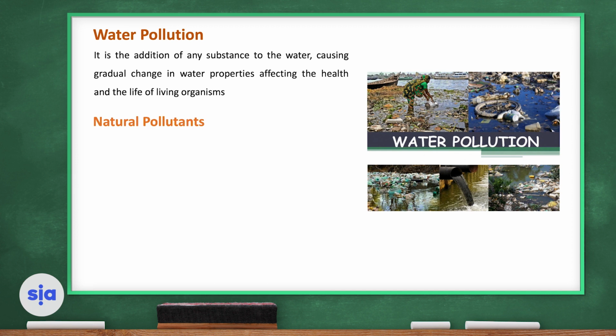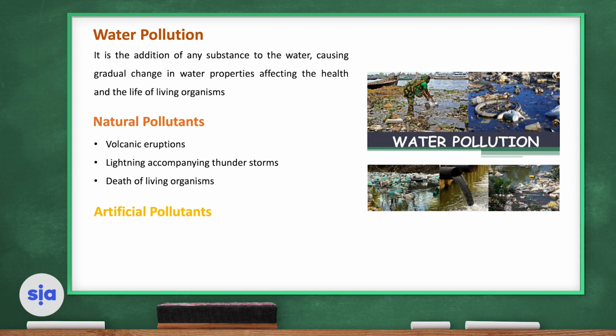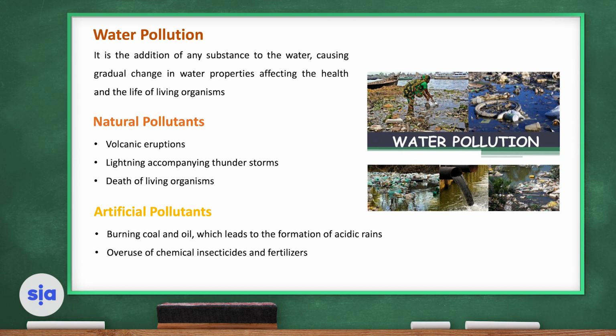We have natural pollutants like volcanic eruptions, lightning accompanying thunderstorms, and death of living organisms. While there are artificial pollutants like burning coal and oil, which leads to the formation of acidic rains, overuse of chemical insecticides and fertilizers, sewage and factories' wastes, and petroleum oil leakage in water bodies.